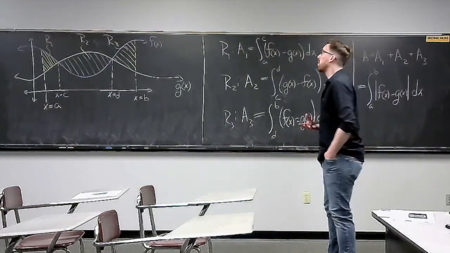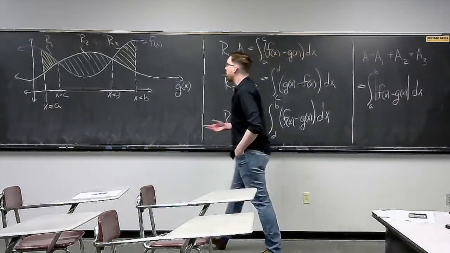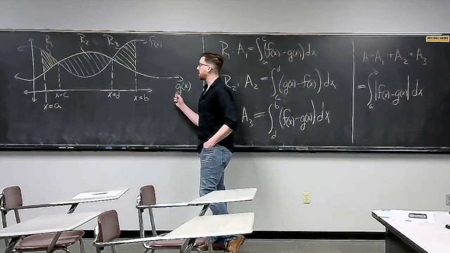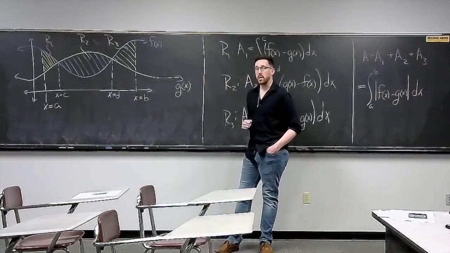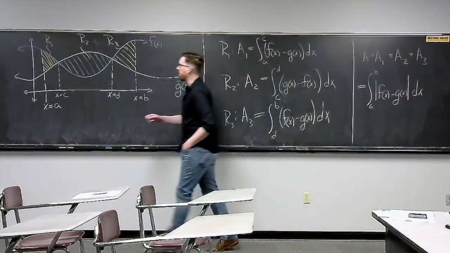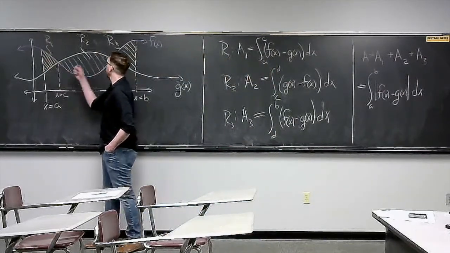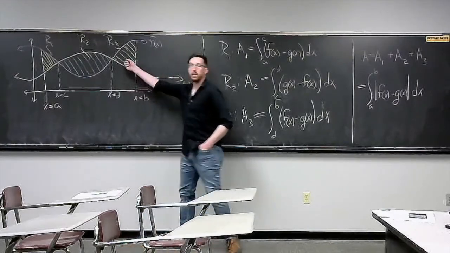Let's say we wanted to find the area between f of x and g of x for x equal to a up to x equal to b. So we want to find the area of this region plus the area of that region plus the area of that region.